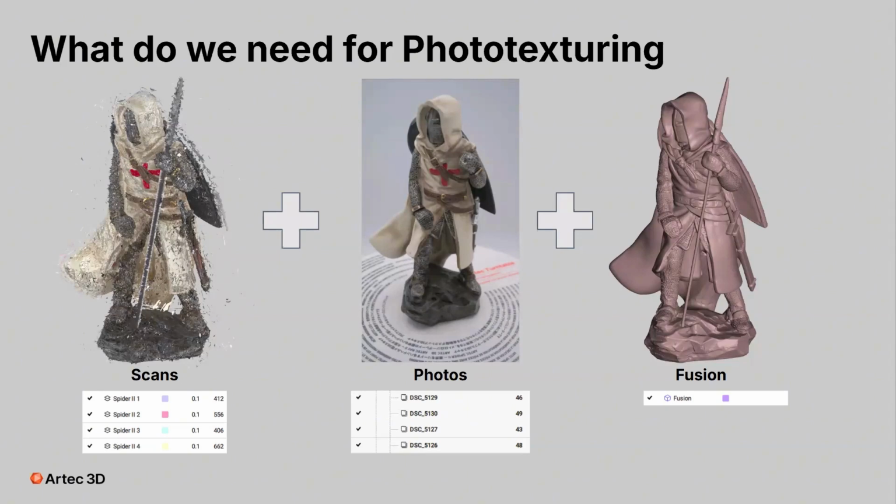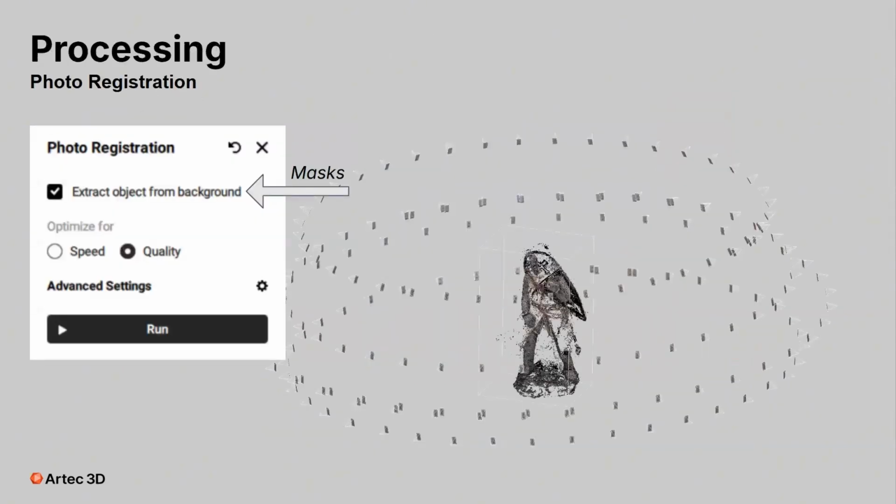So the general processing pipeline is as usual. Once you have captured your scans, you need to run through the regular workflow, like alignment, eraser, registration, and create your final fusion, import your photos. And once all of that is done, you can move on to the photo registration part.